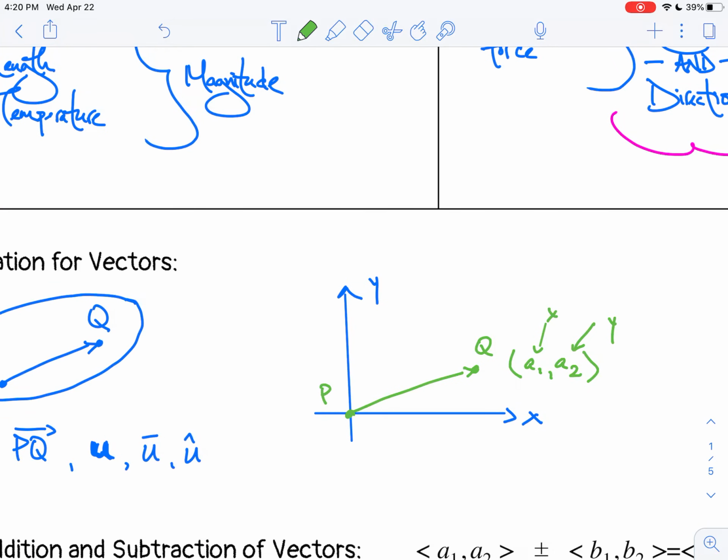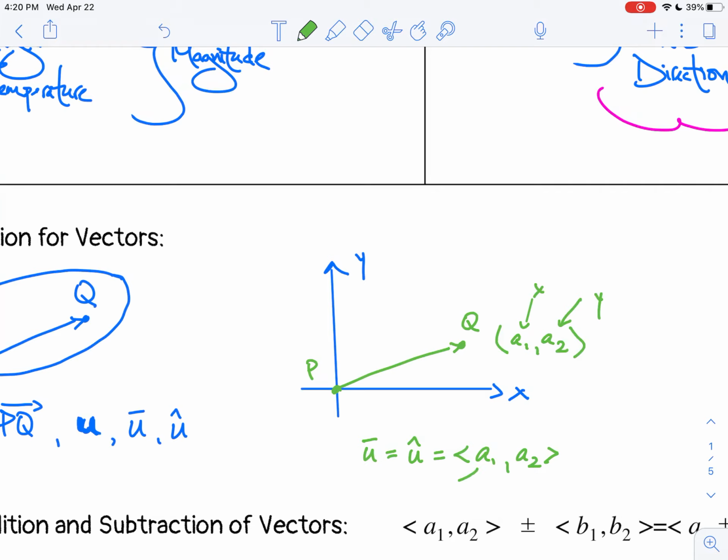We can also represent this as the vector U, or U bar, or I could say U hat, equals, and we use these pointy brackets, A1, A2.